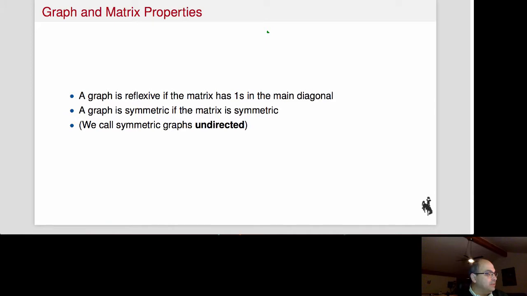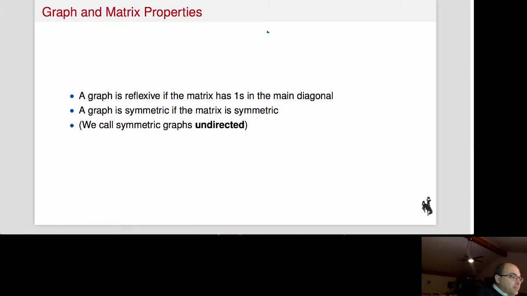Now, what does that actually mean for graphs, okay? Well, here's something that it means. Suppose that I have a graph of a reflexive matrix, okay? That means that I can get from each node to itself. Well, you know what? That means that there has to be a 1 in each of the diagonal entries, right?